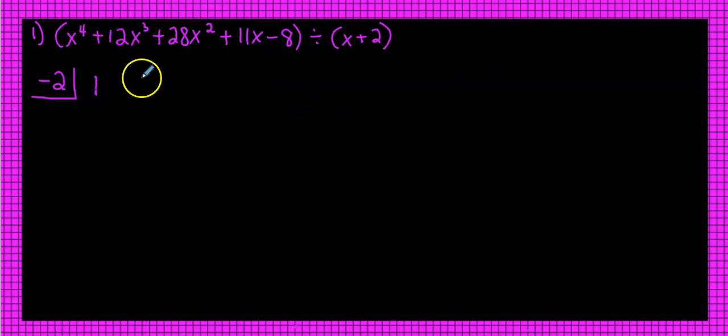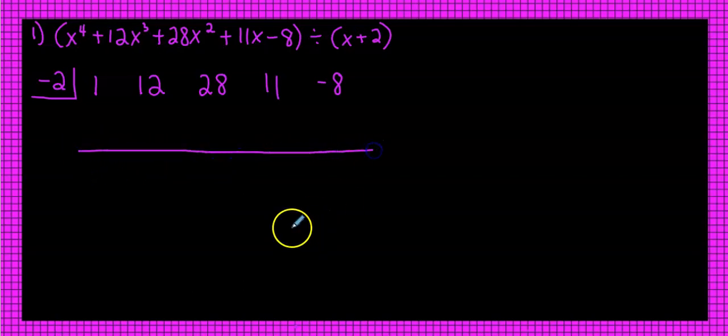My next coefficient is 12. My next one is 28, and so on. 11. And be sure you take that -8. If it's a minus, you want to use that minus as your negative symbol. Okay, so I've got all of my coefficients: x to the 4th, 3rd, 2nd, 1st, and constant. Then I'm going to draw a line under that whole thing.